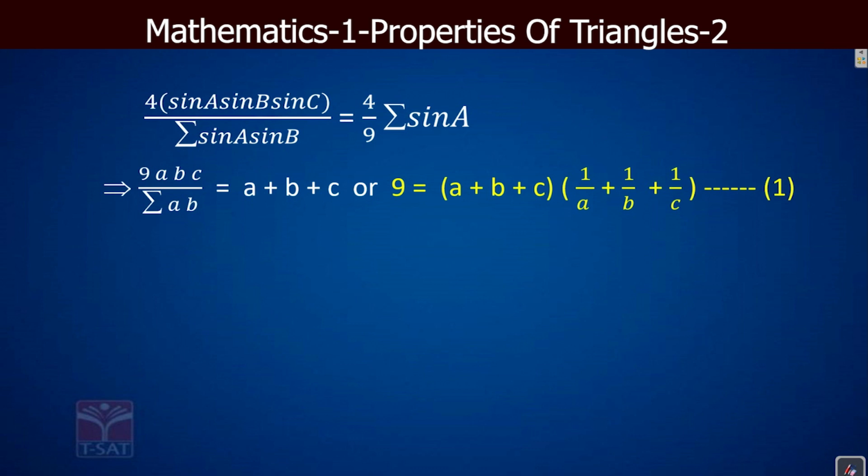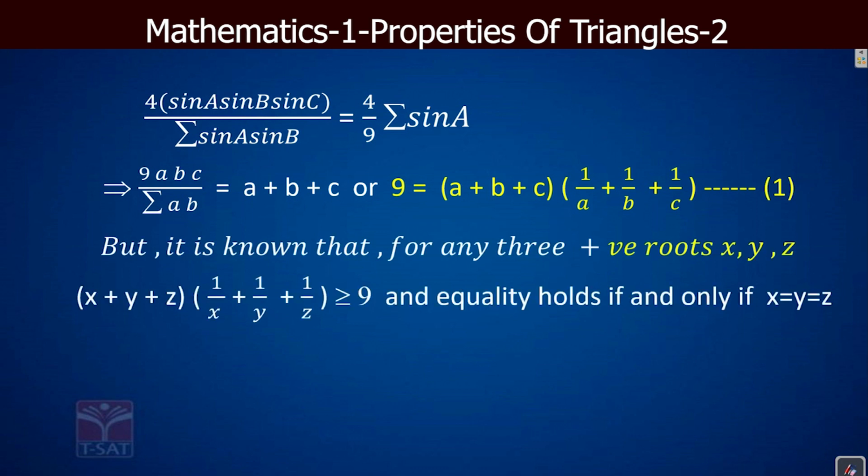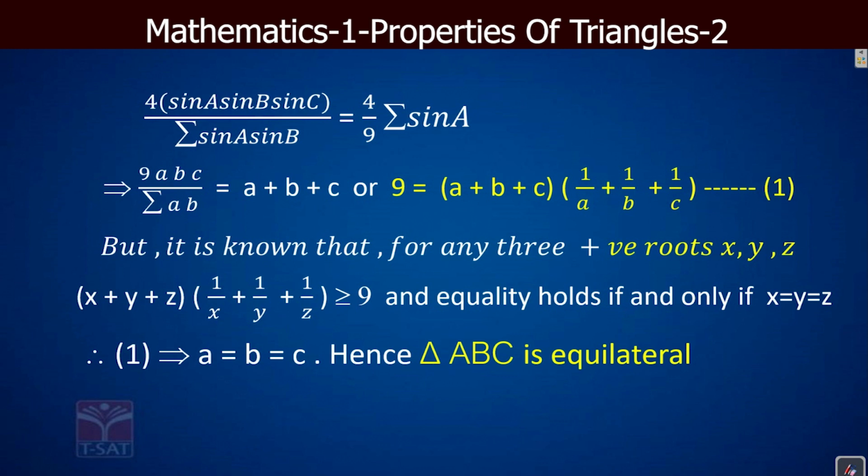Here there is a standard result among positive real numbers. For any positive reals x, y, z, (x plus y plus z) into (1 by x plus 1 by y plus 1 by z), the sum of positive numbers into the sum of their reciprocals, is always greater than or equal to the square of the number of numbers.